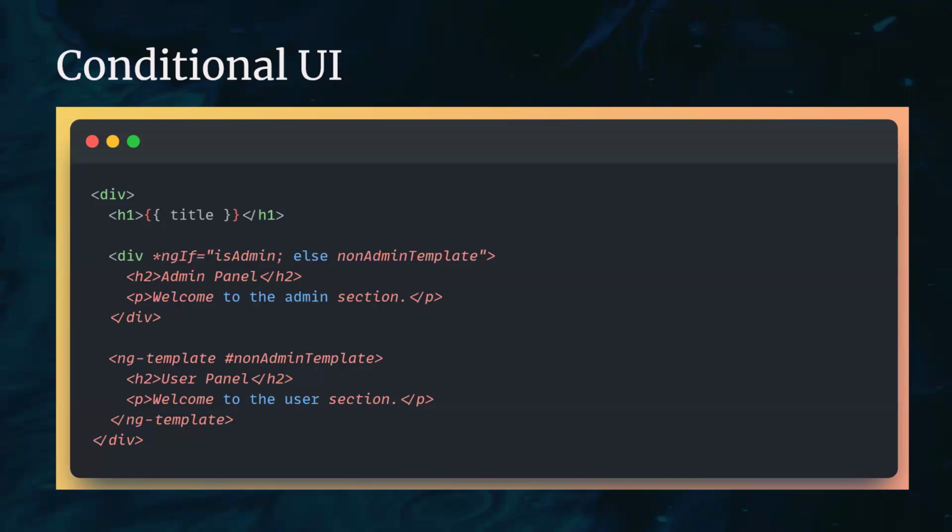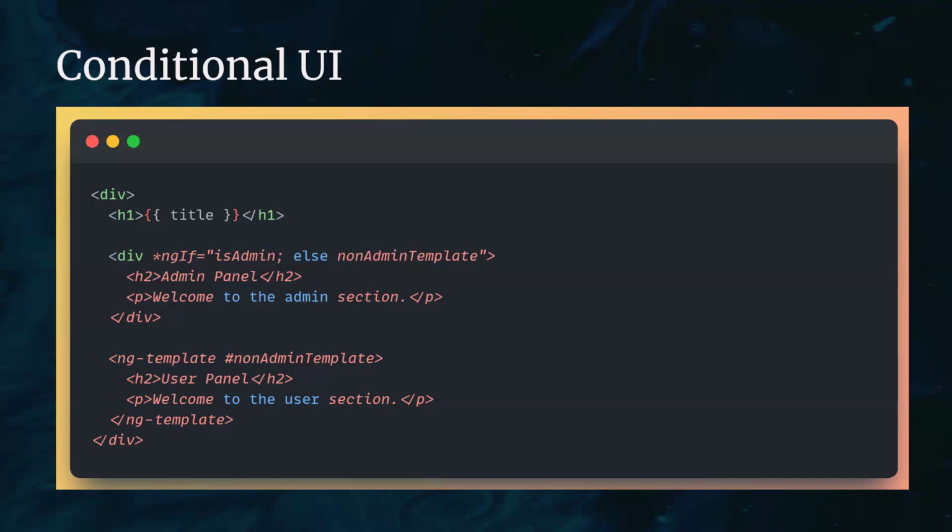Here it says isAdmin. If isAdmin is true, you can see the admin panel. If isAdmin is false, you see the other template, the non-admin template. This is what we call conditional UI, very simple. There's no abstract part to it. You can see what the logic is and how things work, right?